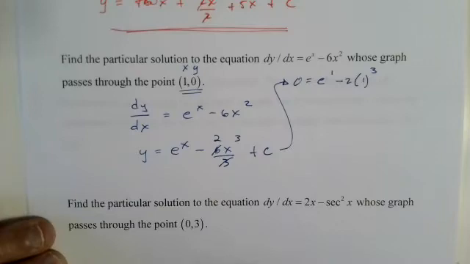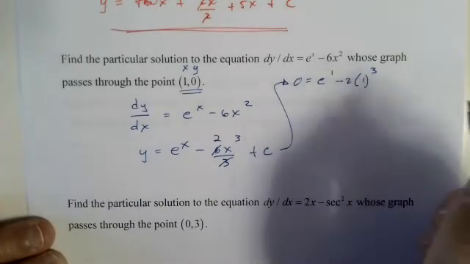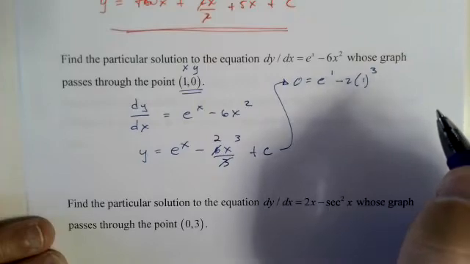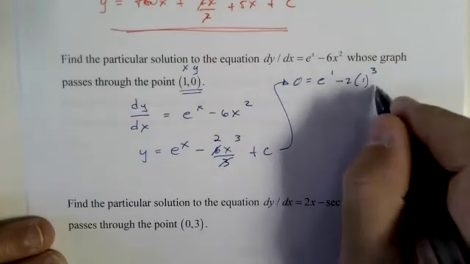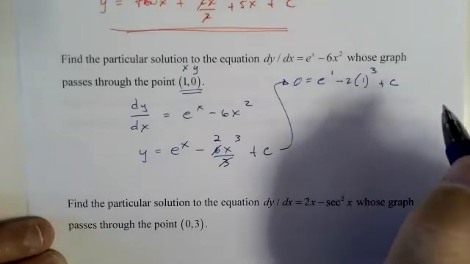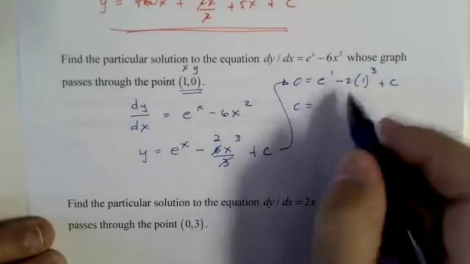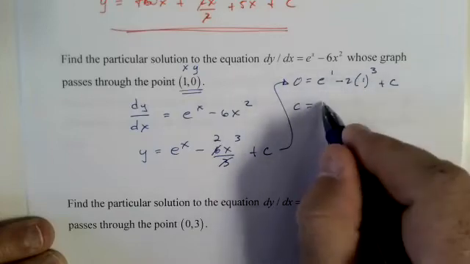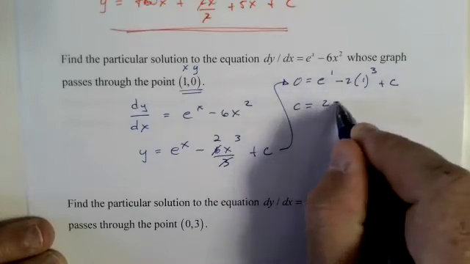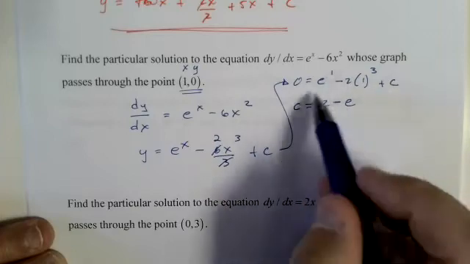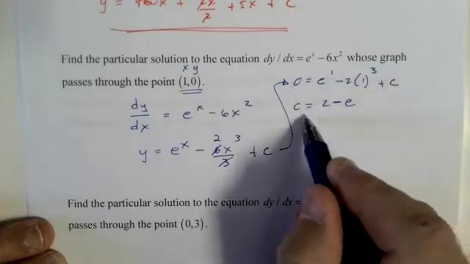Interesting. I did this in a very different way. Wish I'd left myself enough space. I could have done it again. Oh well. Plus c. C equals, going to swing that over, 2 minus e. Minus e plus 2.